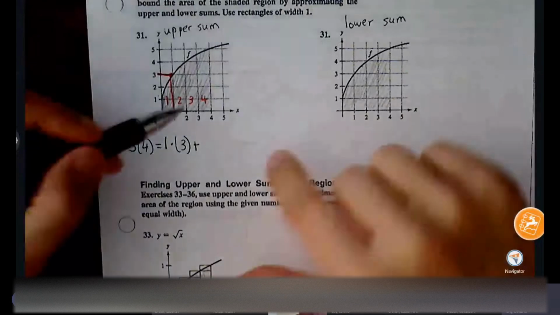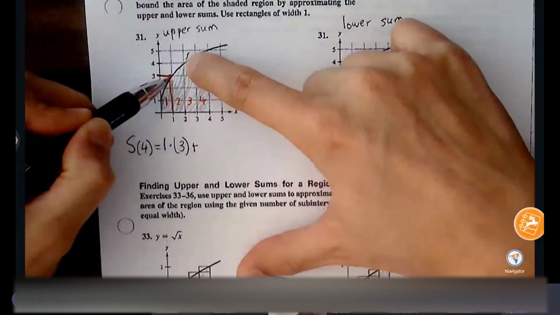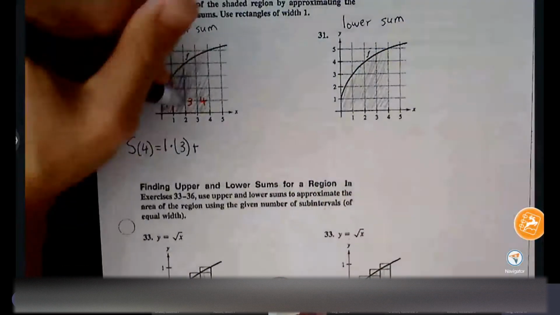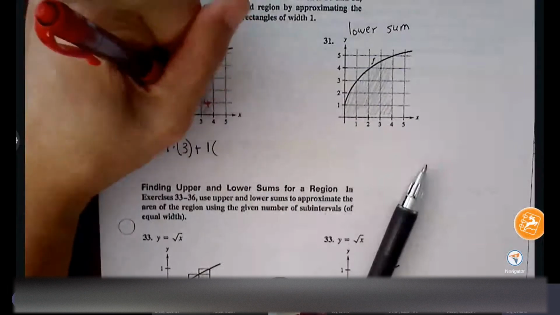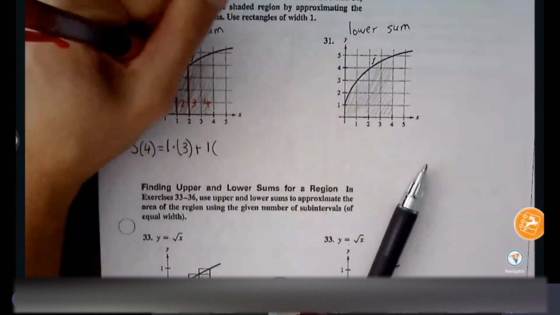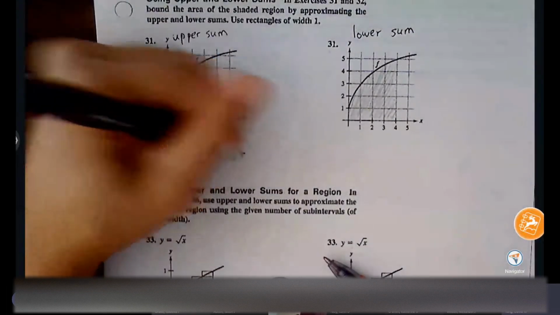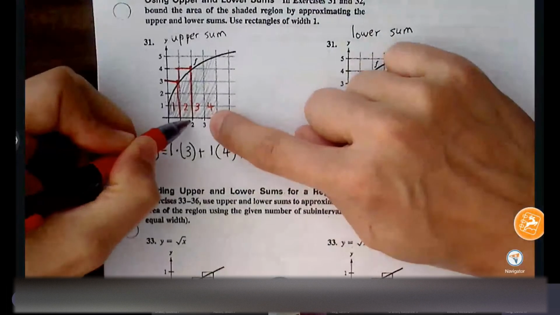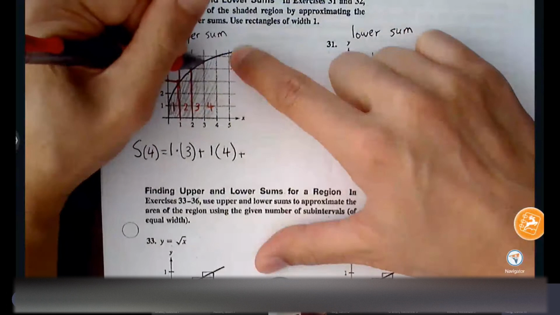Okay. For the second subinterval, we see between f of 1 and f of 2, f of 2 hits a higher point on the curve. And f of 2 lands at 4, so that's a y value of 4. For the third subinterval, we're choosing between f of 2 and f of 3. f of 3 is higher.